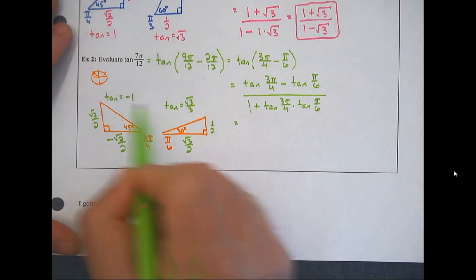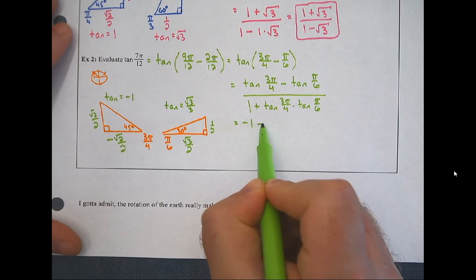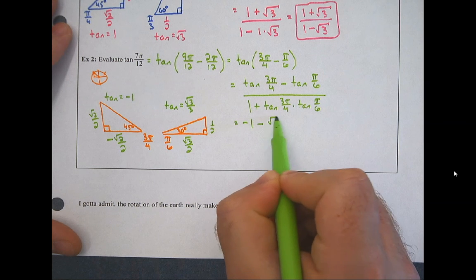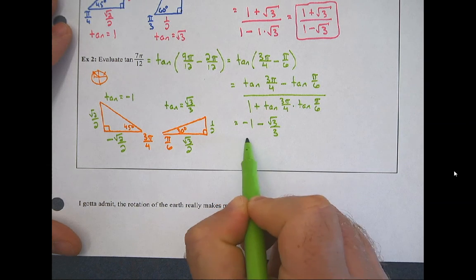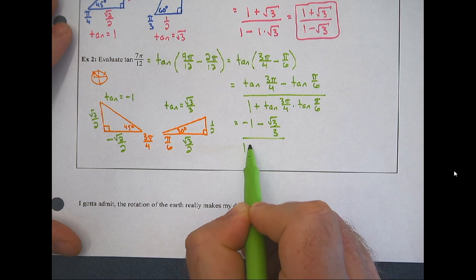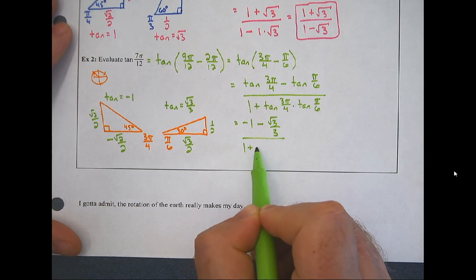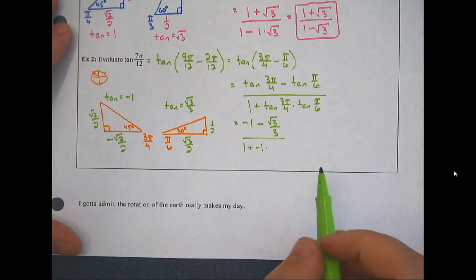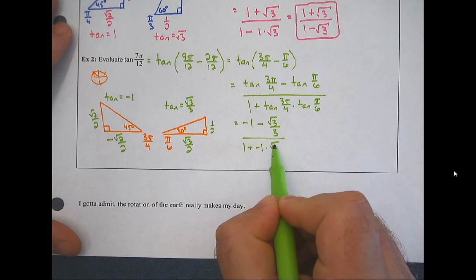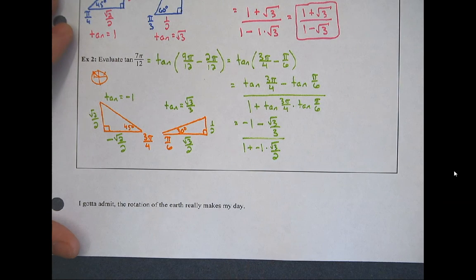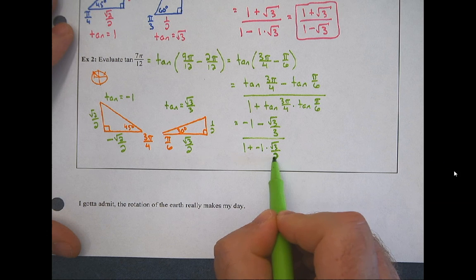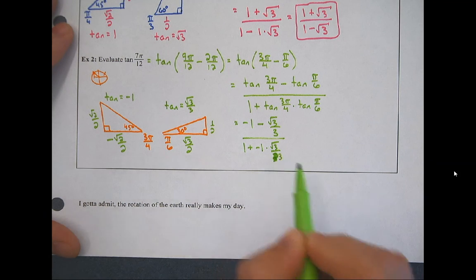So tangent of 3 pi over 4 is negative 1. Minus tangent of pi over 6, which is square root 3 over 3, over 1 plus tangent of 3 pi over 4, which is negative 1, times tangent of pi over 6, which is root 3 over 3.